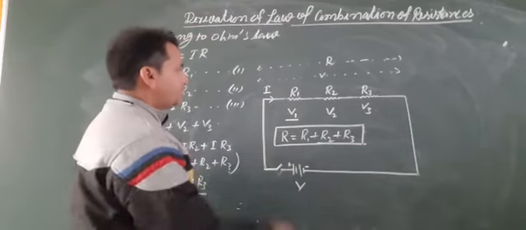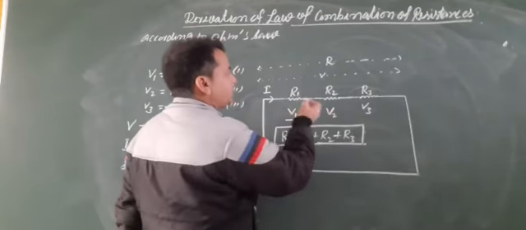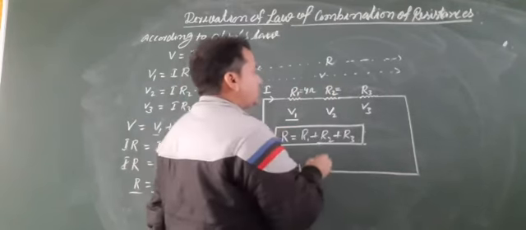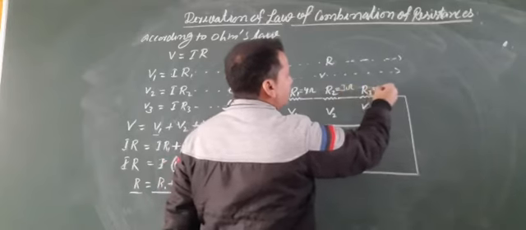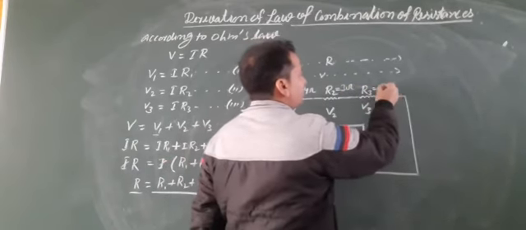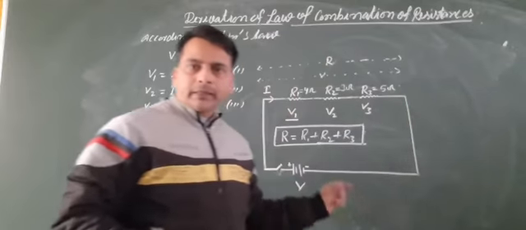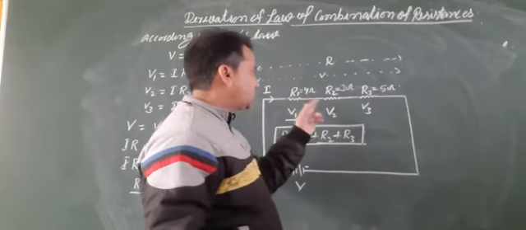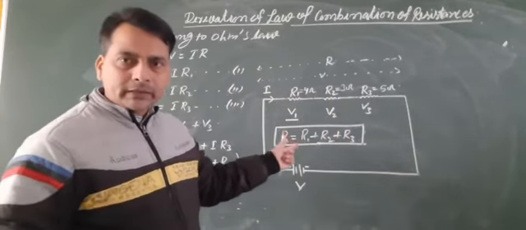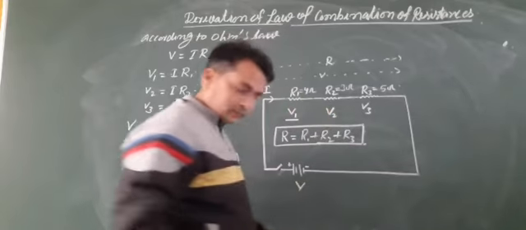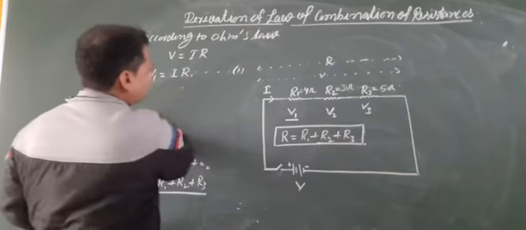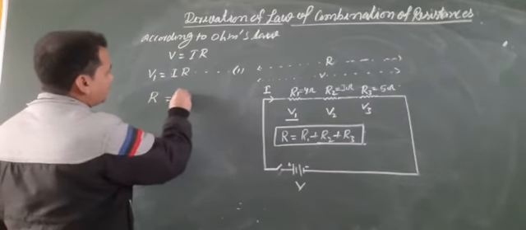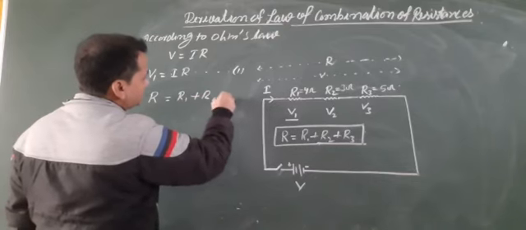Suppose R1 equals 4 ohm, R2 equals 3 ohm and R3 equals 5 ohm. According to the series combination, the equivalent resistance is R equal to R1 plus R2 plus R3.